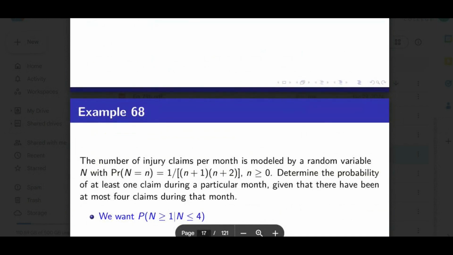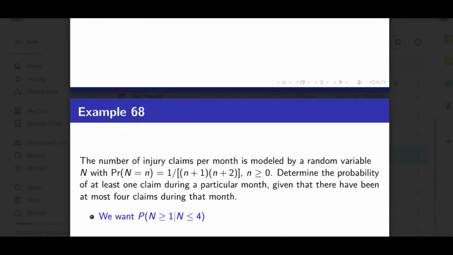You want the probability of there being at least one claim, given that this is a month that has no more than 4. The word given there is the biggest giveaway that this is a conditional probability. All your old definitions apply to conditional probability. If I want to know the probability of this event happening, given this event has happened, I intersect the two of them, and divide by this probability. Simple. So what is the intersection of N at least 1 and N at most 4?